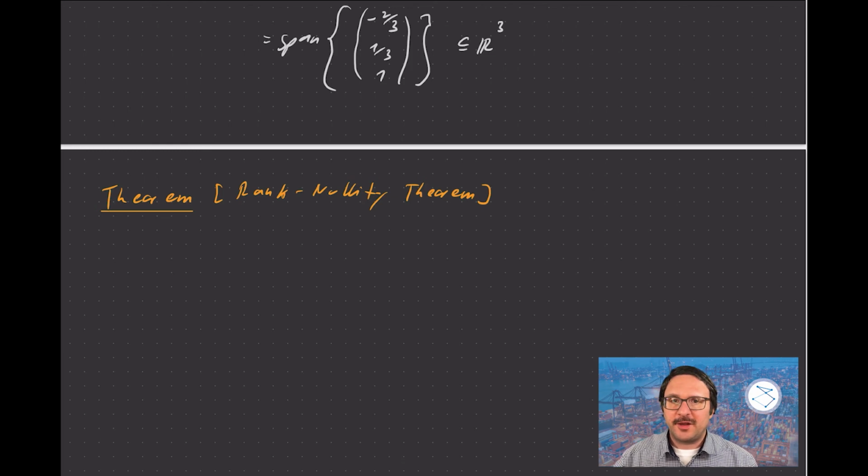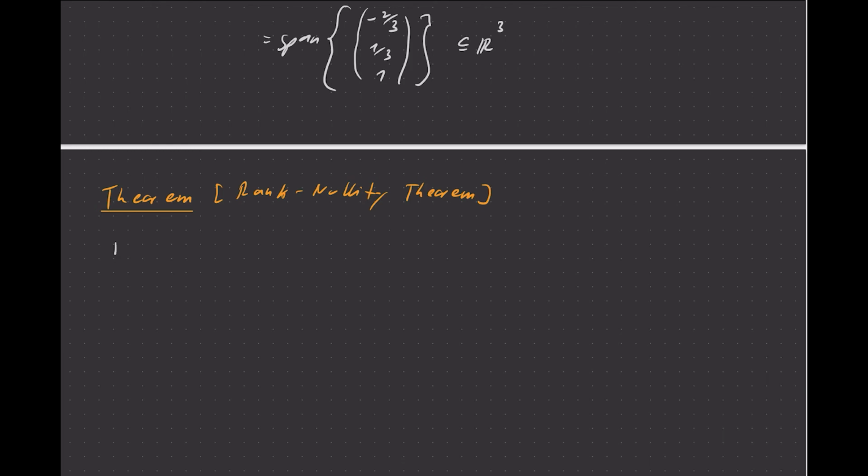So we can now formulate that in a very compact way. Now it looks like this. So for a matrix A in R to the m by n, we have 1.